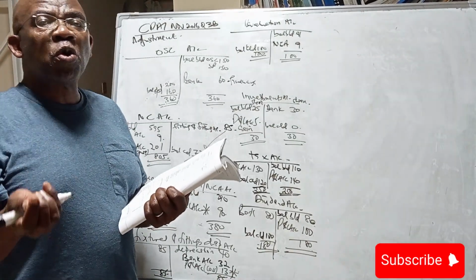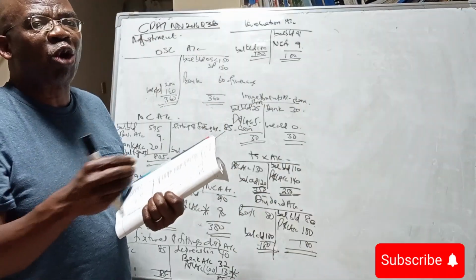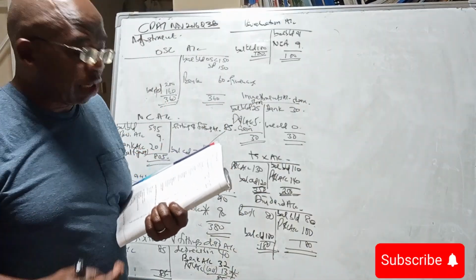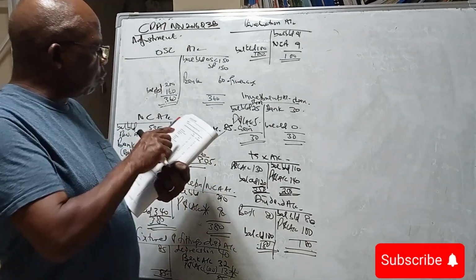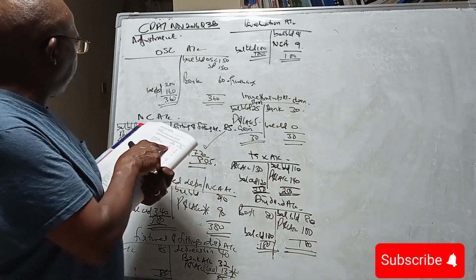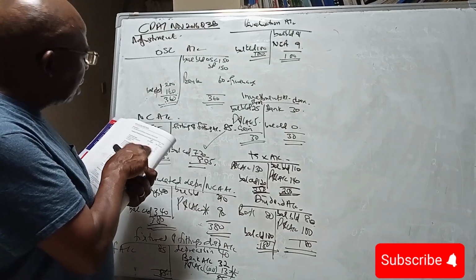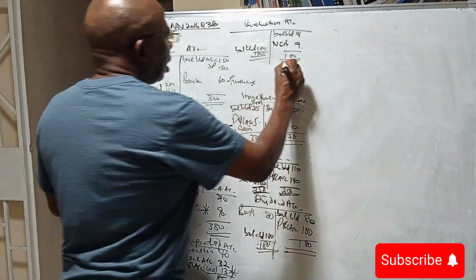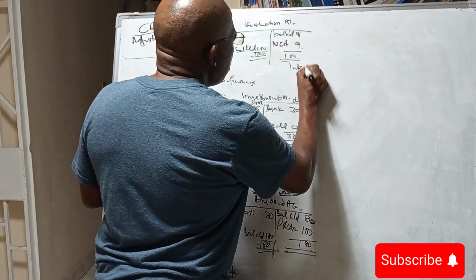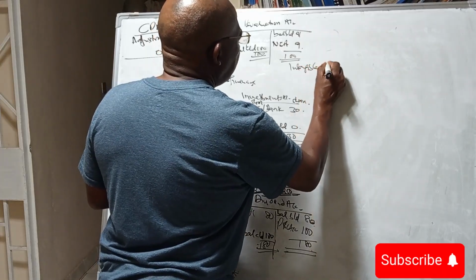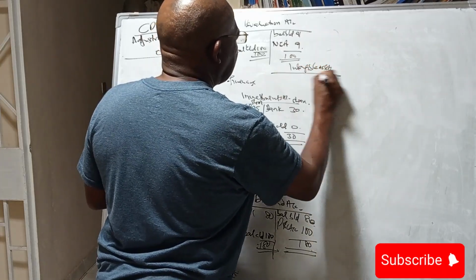Some of them, you realize you did the workings when you were working on the adjustments, and therefore you don't have to repeat. For instance, we have dealt with property, plant, and equipment. We have not dealt with intangible assets. We have no information of any changes on intangible assets.